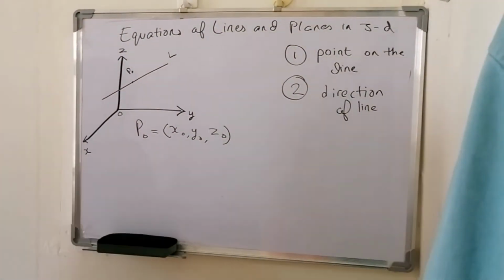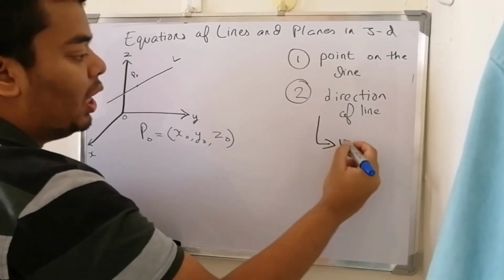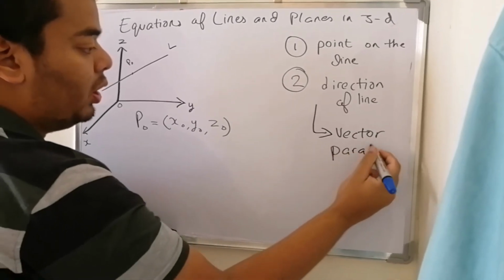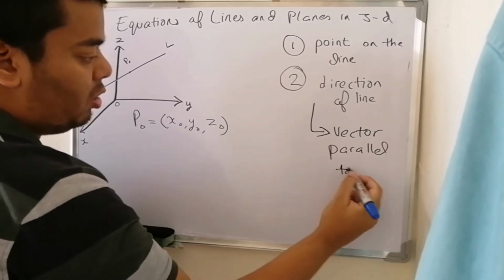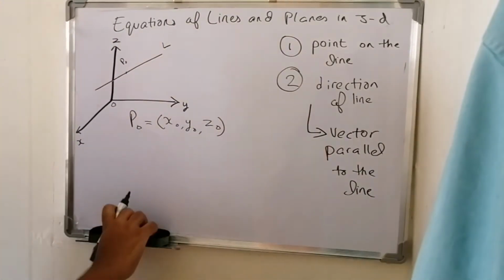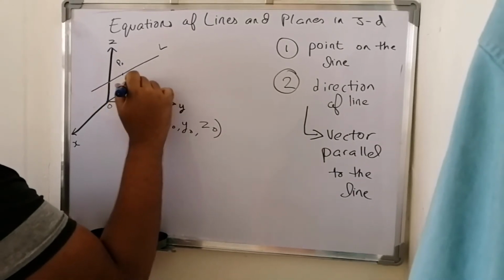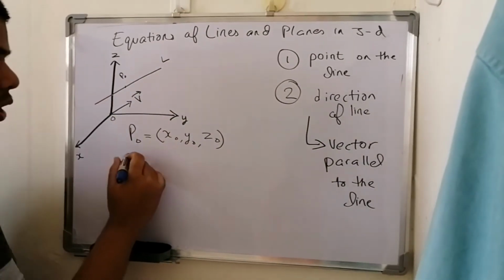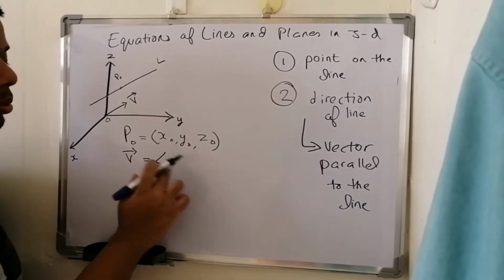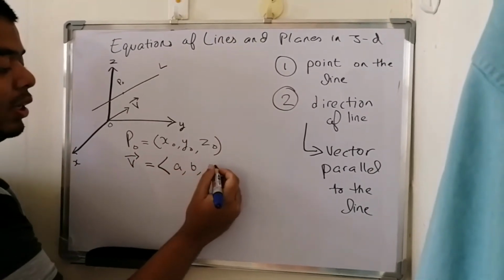So what we have to come up with is a direction given by a vector parallel to the line. This vector is given by, let's say, v. Vectors can be represented by this kind of bracket, so we can write v as a, b, c.